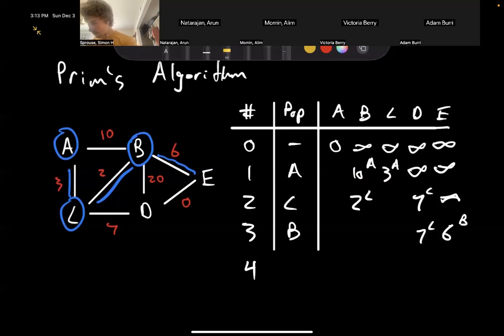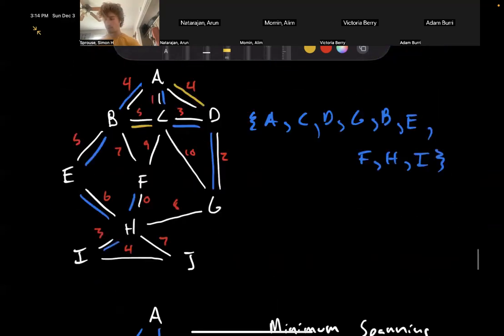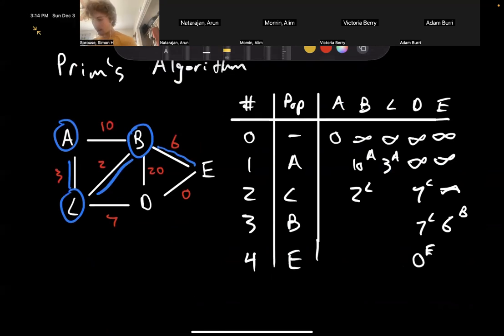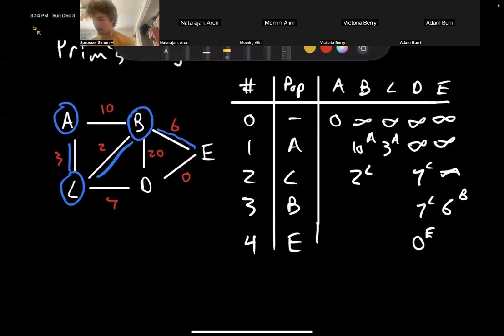Pop E, and from E we can now discover D with a weight of 0. You would think in Kruskal's this would have been the first thing we did, starting with that being the minimum edge. But in Prim's, it takes us until the very end of the algorithm to find that, and the last thing we do is pop D and get our spanning tree.